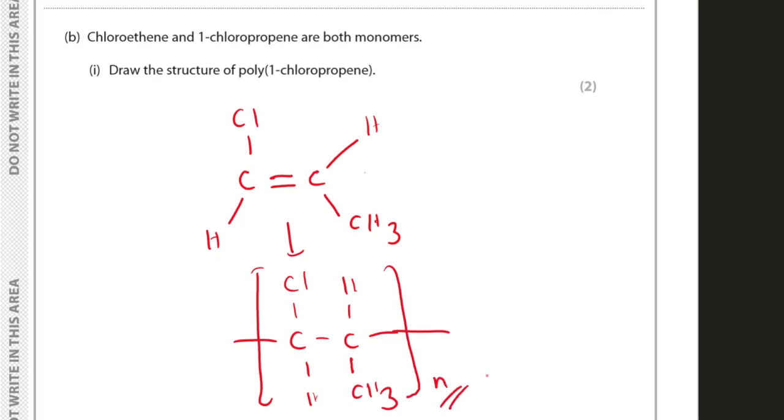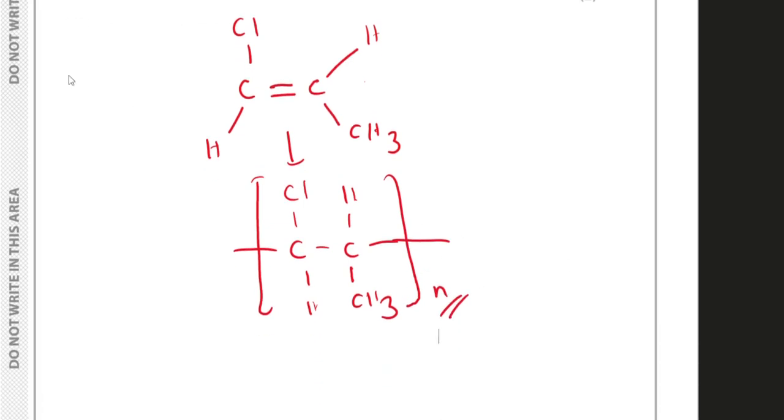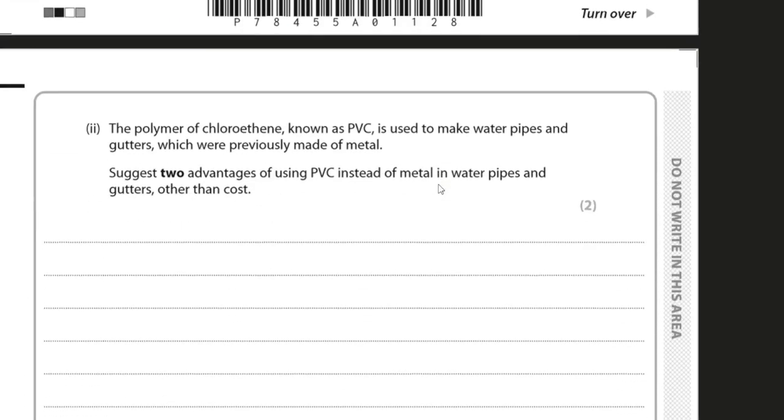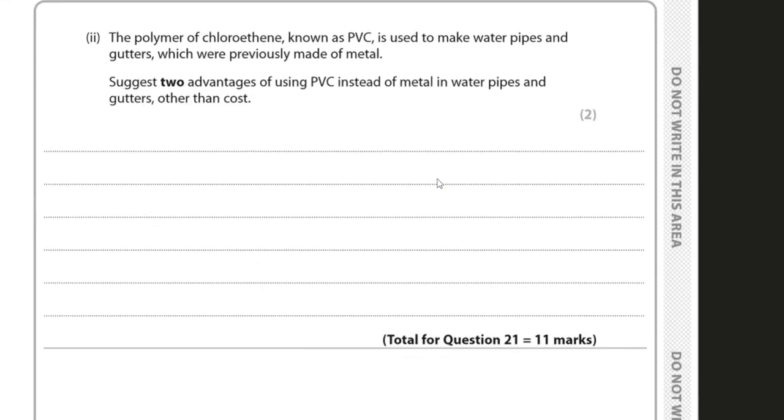And providing n, because we do not know how many monomers create this polymer down here, so this will be your correct answer. Moving on, the polymer of chloroethene, known as PVC, is used to make water pipes and gutters, which were previously made of metal. So there are two advantages of using PVC instead of metal in water pipes and gutters other than cost.